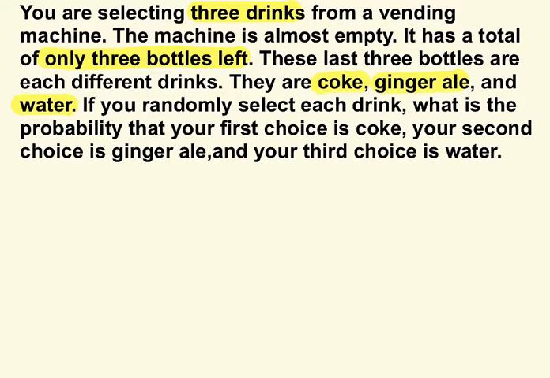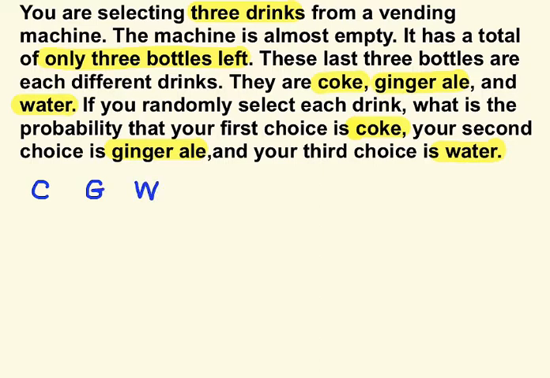If you randomly select each drink, what is the probability that your first choice is Coke, your second choice is ginger ale, and your third choice is water? Okay, so our choices are Coke, we'll use a C, G for ginger ale, and W for water.